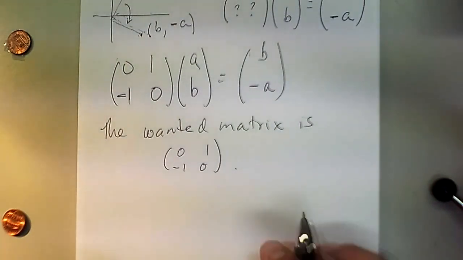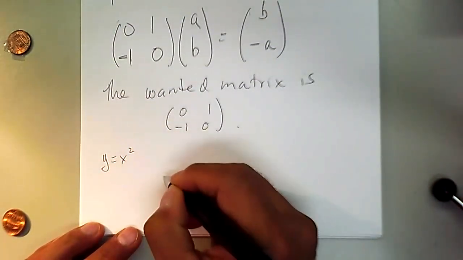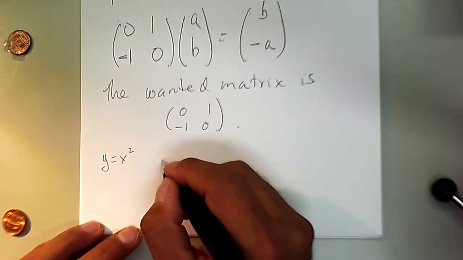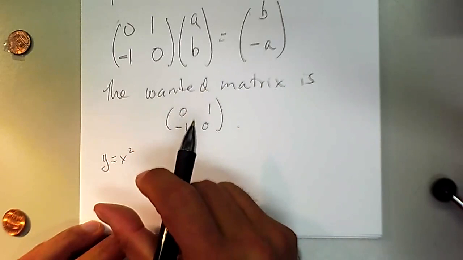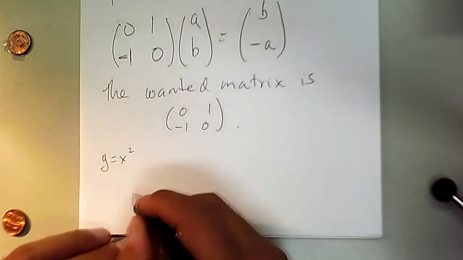That means that if you have a parabola, y equals x squared, we can actually come up with the corresponding parabola that rotates 90 degrees.